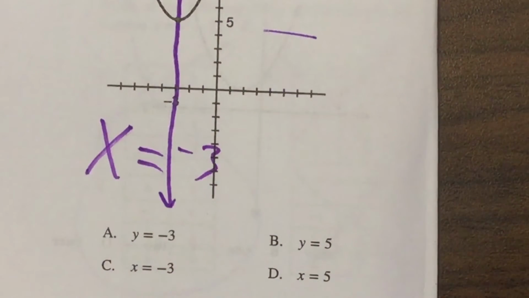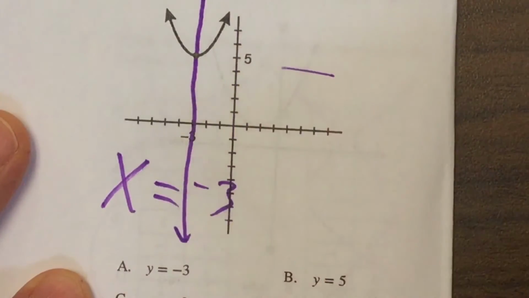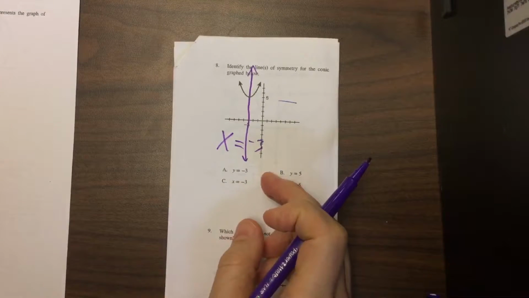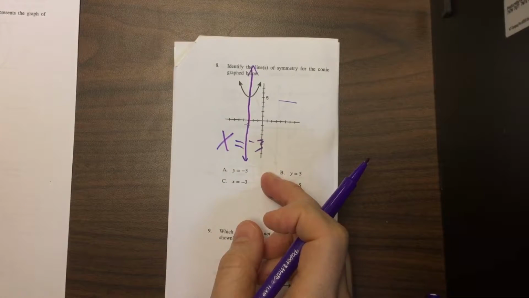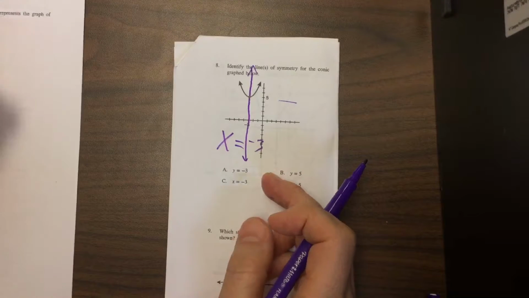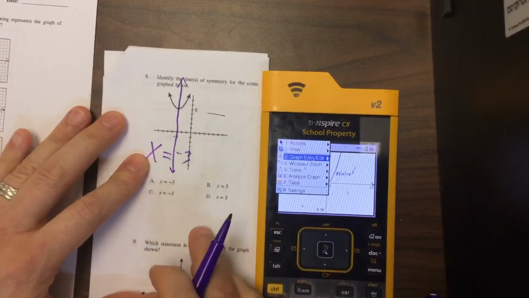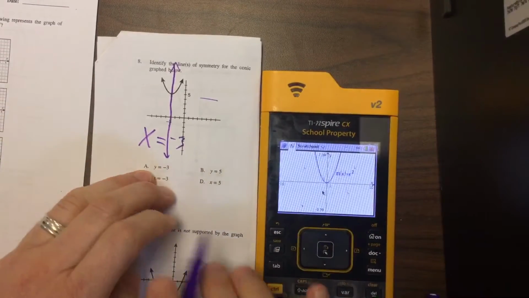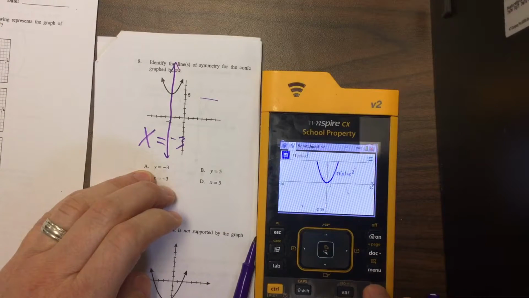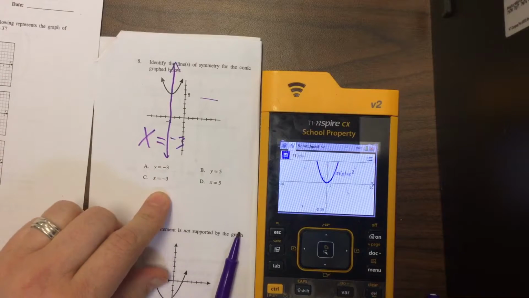Now, I had some people today say they got confused and couldn't remember if that was an x equals equation or a y equals equation, okay? So let's discuss that real quick. Remember, when you're taking a test, you can put in answer choices to see what makes sense. Let me just pretend I couldn't remember if that would be x equals -3 or y equals -3. So I go to my calculator and I type in y equals -3.